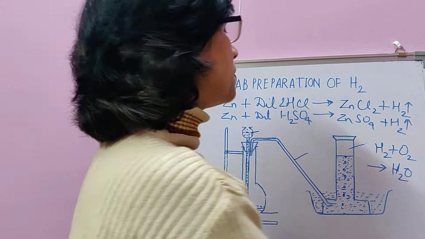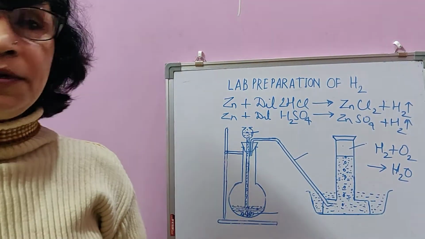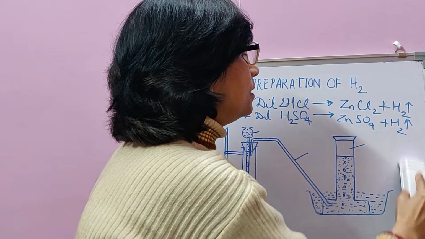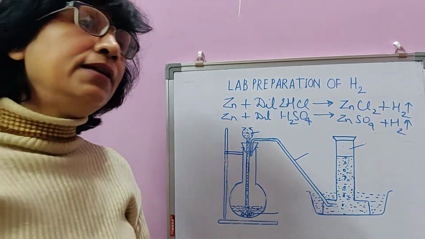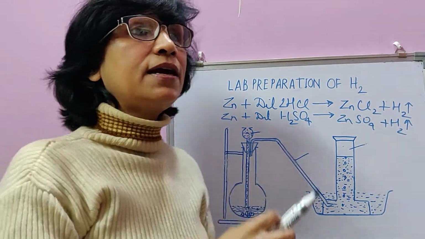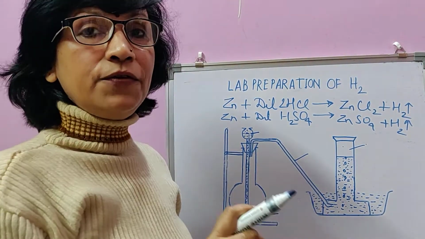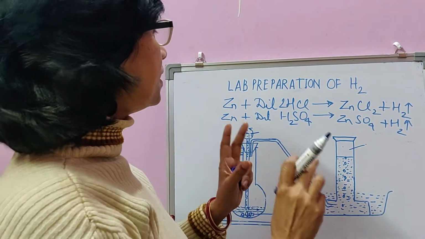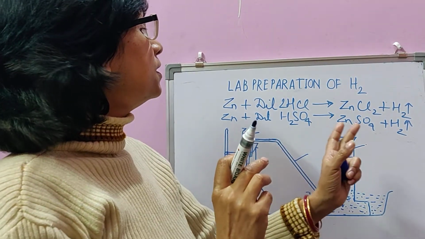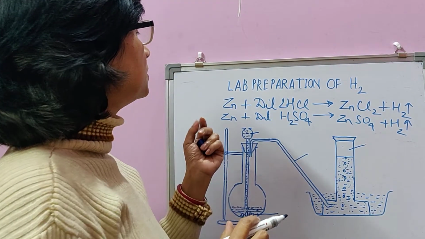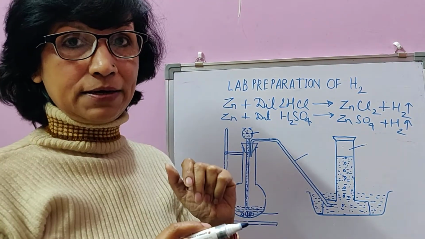Then there is no purpose of doing the reaction if we prepare hydrogen by action of active metal and acid, and then the same hydrogen again gets converted to water. So that is the reason why we don't use nitric acid for the method of preparation by using dilute acids and active metal.